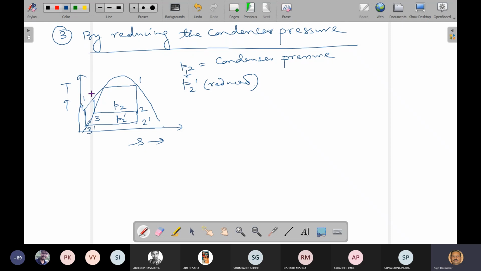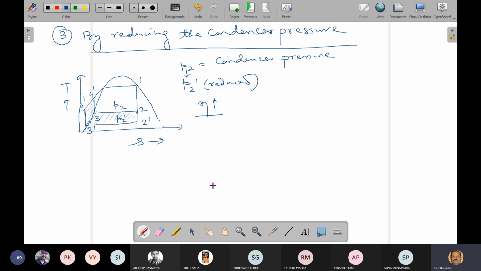Now it has become 4 dash, earlier it was 4. So here also you can find that this much is the additional work, but at the same time heat loss will also be there, but ultimately the net work done increases. So that's why in this case the efficiency increases.